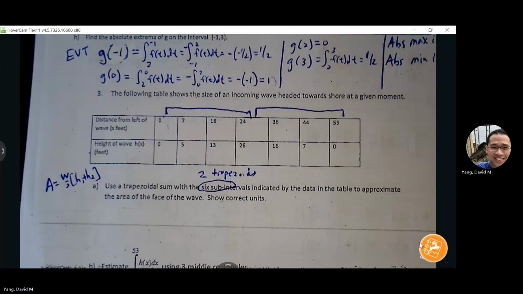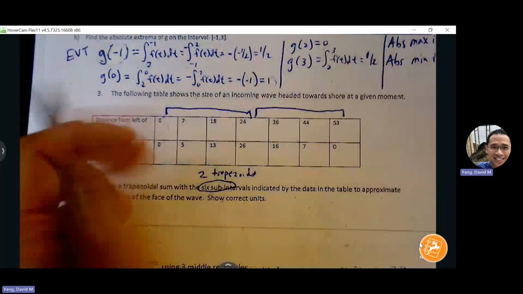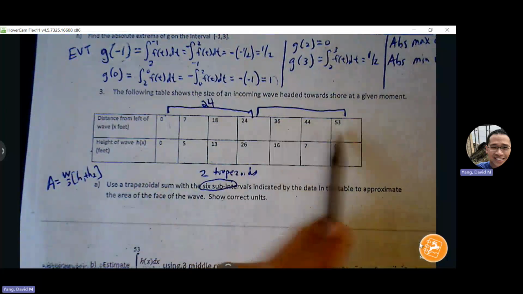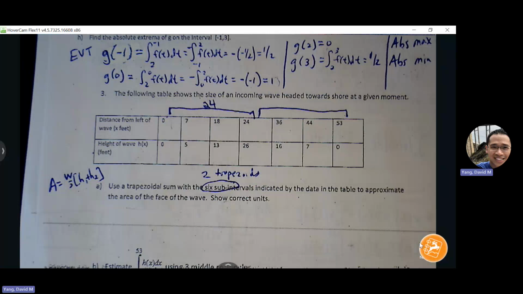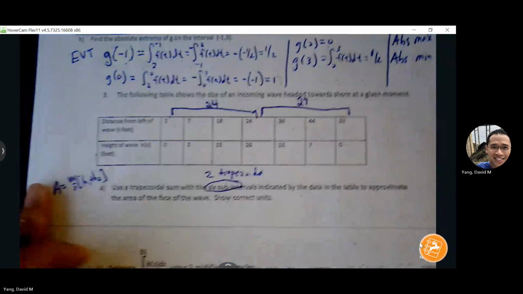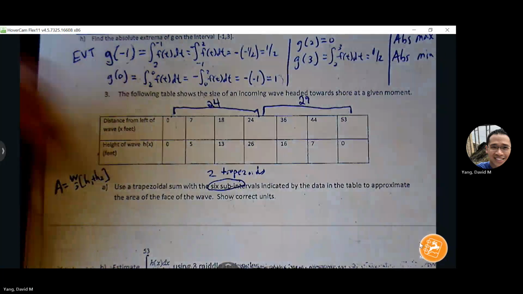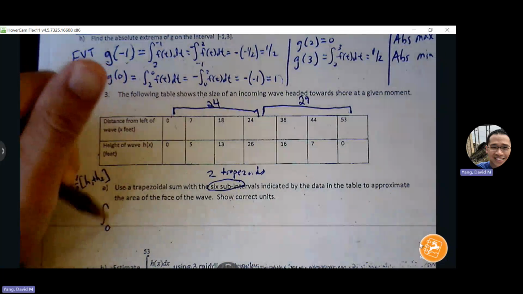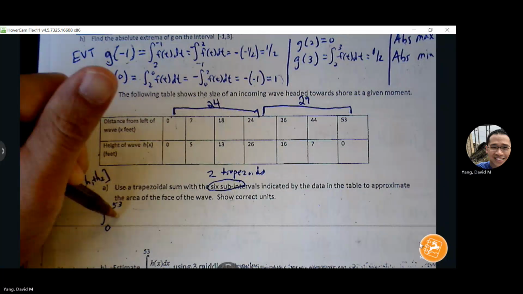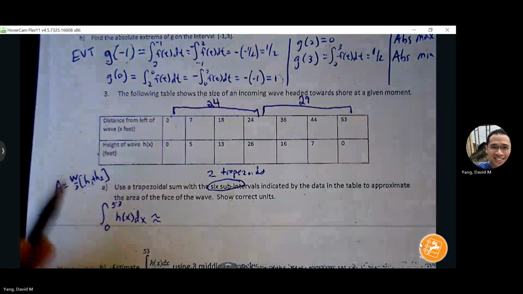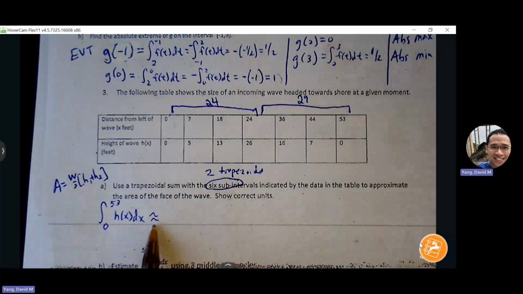That's important, right. So the width for my first trapezoid is going to be 24. The width of my second trapezoid is going to be 53 minus 24, which is 29. So you can say the integral from 0 to 53 of h of x dx can be approximated using 2 trapezoids.